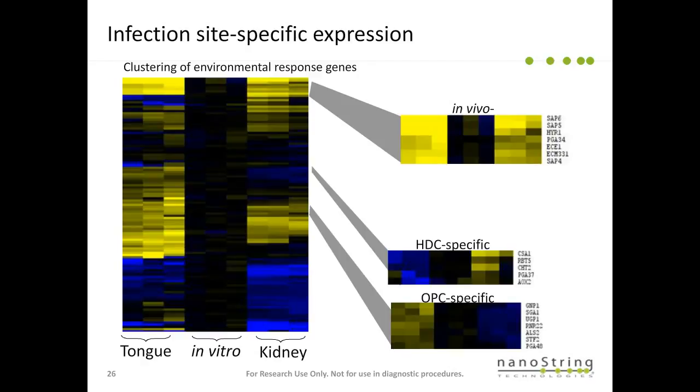So this tells us not only that in vitro and in vivo expression profiles are very different. In fact, different infection sites and different infection types would also induce very different gene expression profiles.